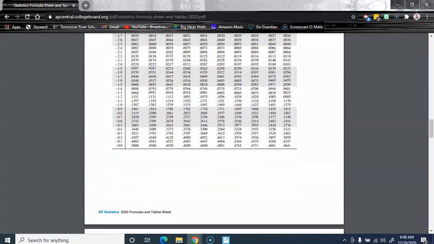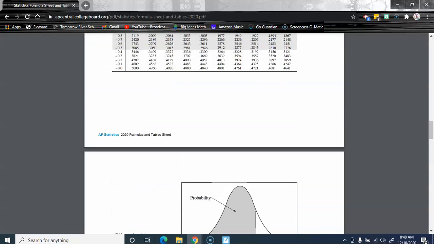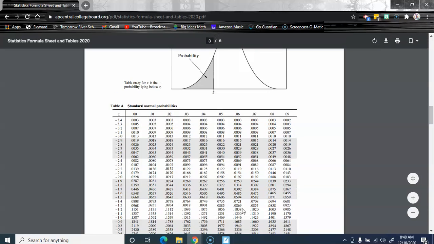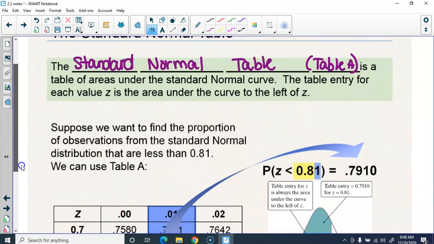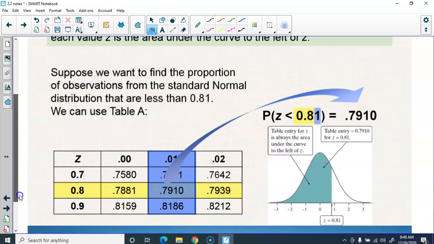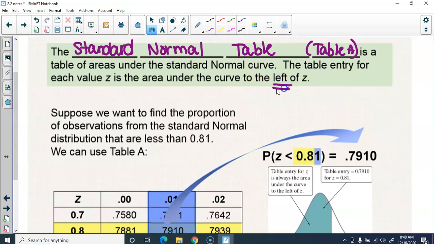But we are specifically going to be looking at these 2 pages today. Table A, it says right on that left side, where some of the z-scores here on the left are negative, and then the second page is where they are positive. So the numbers on those tables are always going to give you the values to the left of z. Table entry for each z value is the area under the curve to the left.